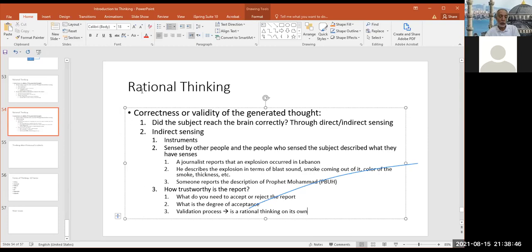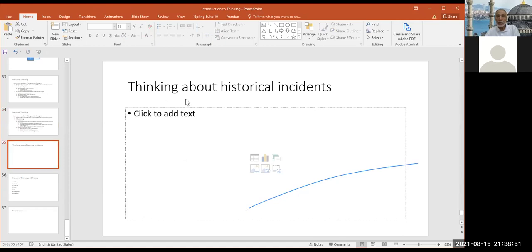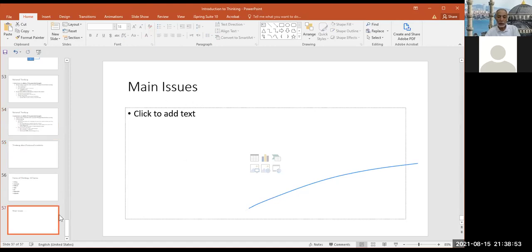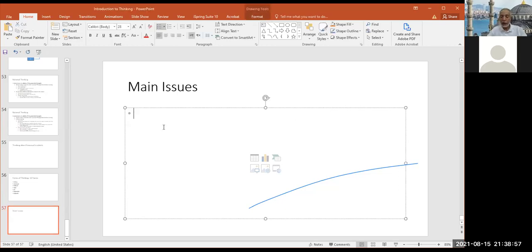And that makes also the other attribute of rational thinking. Some of the main issues which I was talking about here is, number one, the accuracy of rational thoughts. Now, although the word rational sounds like a positive word, rational is the method to produce a thought.